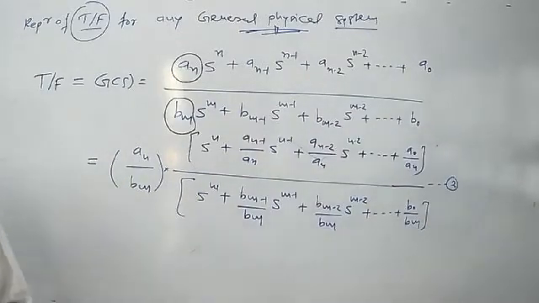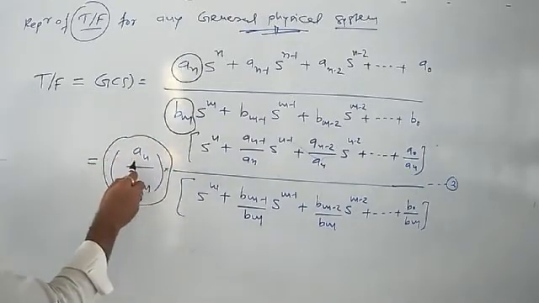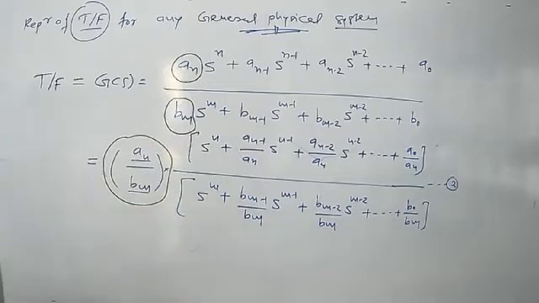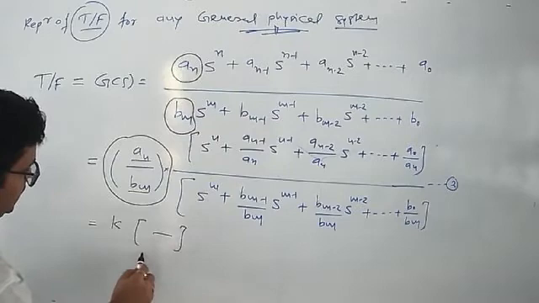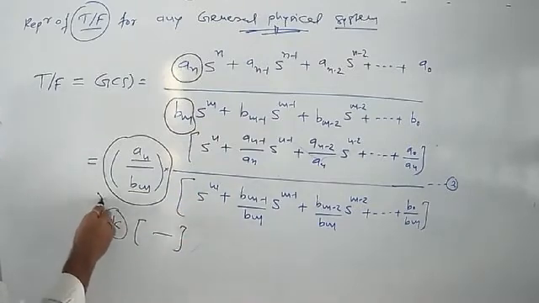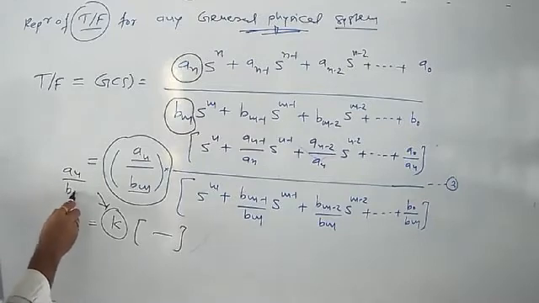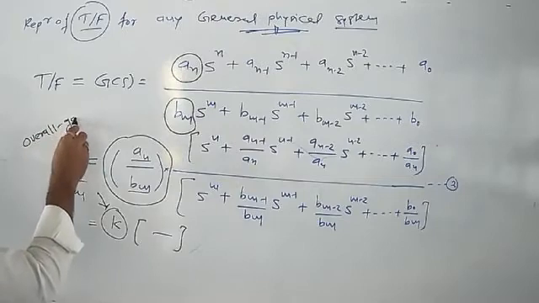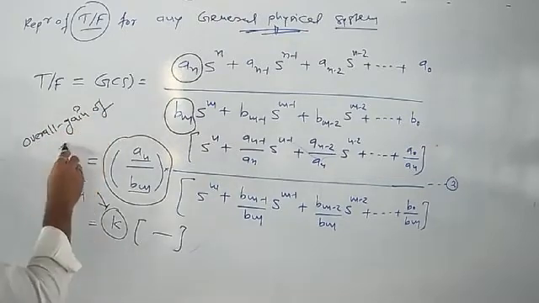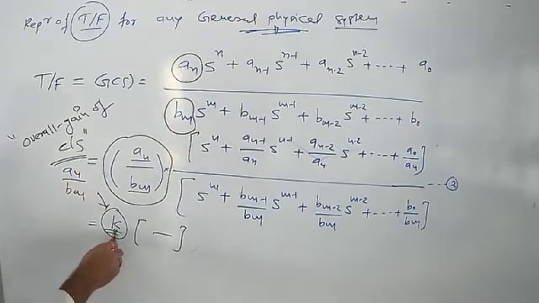If you see equation number 2 very carefully, here the ratio of a_n by b_m, let us consider that it is indicated by the symbol k, and the rest of the thing is as it is. So this k, which is nothing but the ratio of a_n by b_m, is known as the overall gain of the control system, which is very, very important, and normally it is indicated by the symbol k.